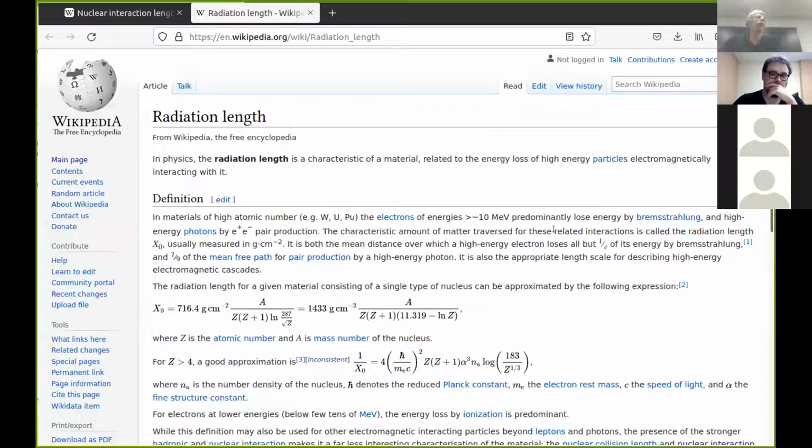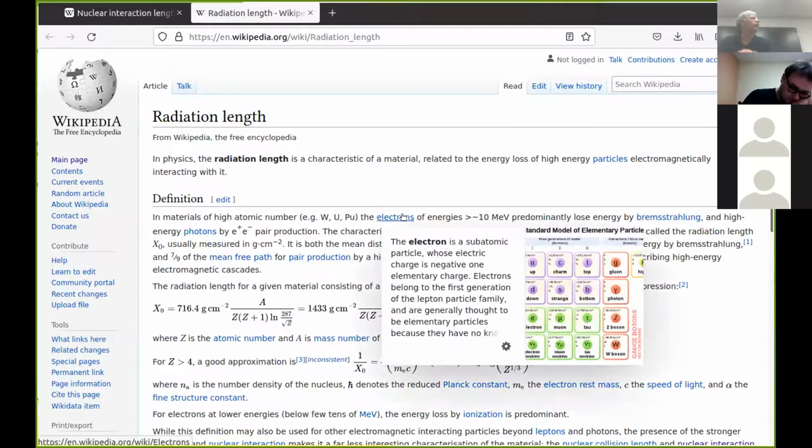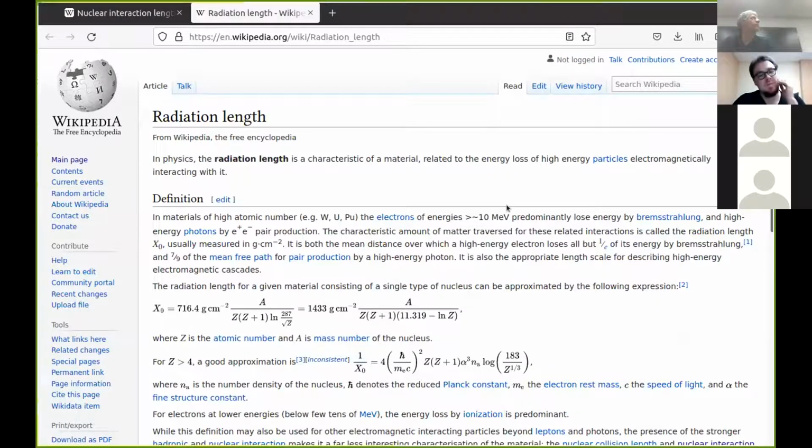Okay, for a radiation length, actually, let me do this one just like this. So again, I have electrons of 10 MeV or so. They are going to undergo Bremsstrahlung and pair production.